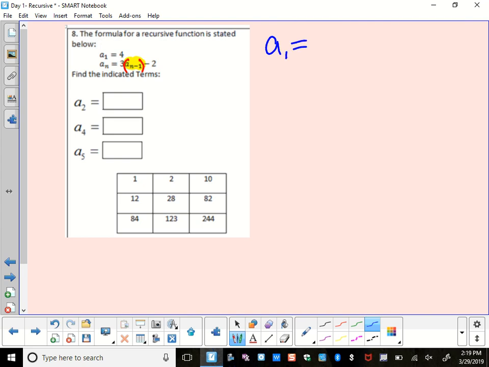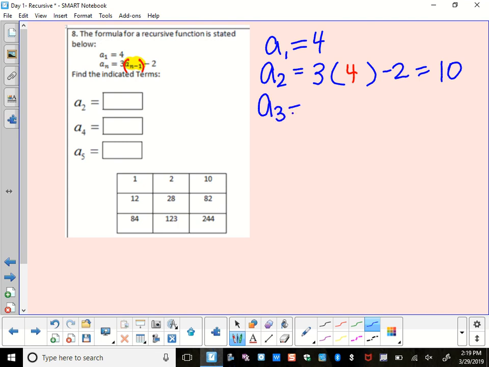My first term was 4, and my rule is 3 times the previous term minus 2. All right, my previous term was what? 4, so my answer is 10, because 3 times 4 is 12, minus 2, we get 10.